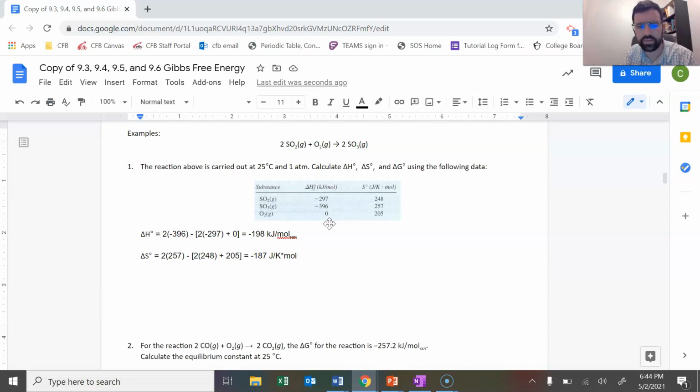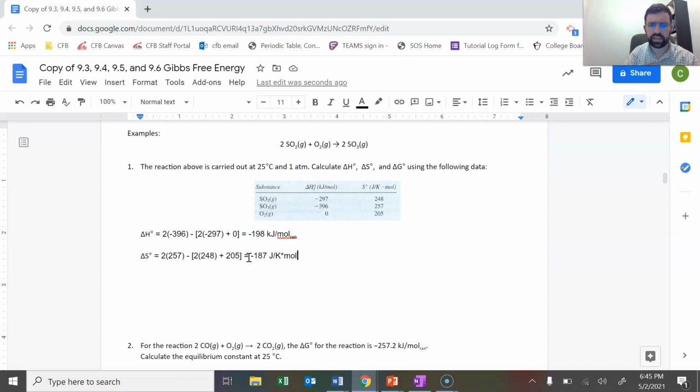So looking at these values, I want to make sure that we can make sense of it in general. Delta H is negative. That means this is an exothermic reaction. Well, it's a combustion reaction, so that kind of makes sense. And then I see that delta S is negative, so our entropy actually decreases in the process.